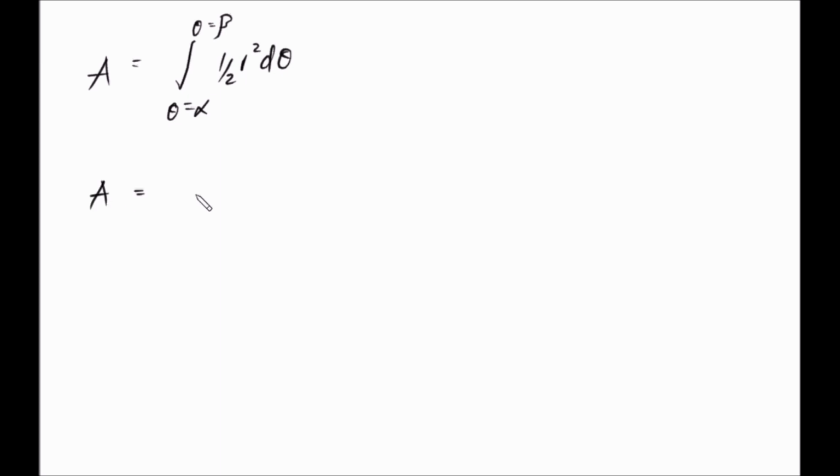So our area now A itakuwa ni you integrate from 2 over 3 pi to 4 over 3 pi half. So our r tumesema ni 2 plus 4 cos theta. So ni r squared.